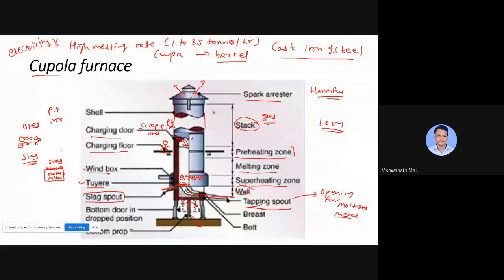temperature control. Temperature control is difficult in this. Okay, once we fire, the metal will get melted, but the temperature control is difficult. And second, as I told you, whatever fuel we are using comes directly in contact with the charging material or the scrap.